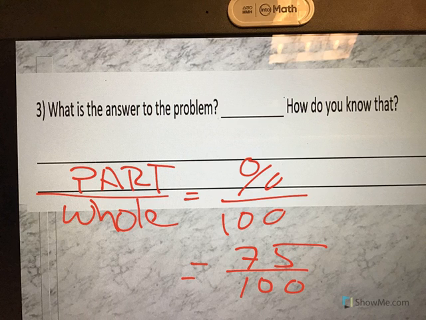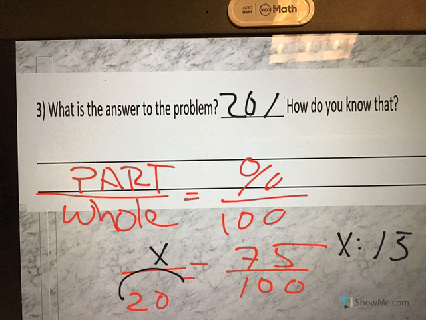And I know I want to find the part, so I'm going to put 20 there. As I get that, I know I'm solving for my x, and I know that x is going to equal my 15. So the answer to the problem is 15 teachers, or 20%.